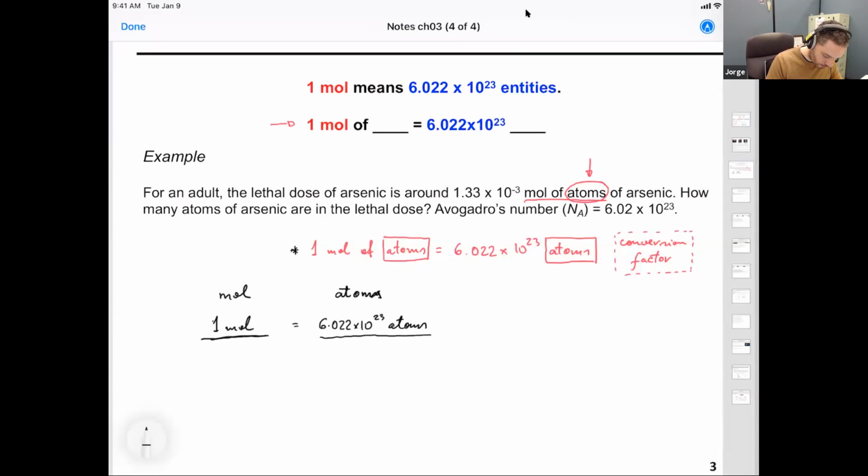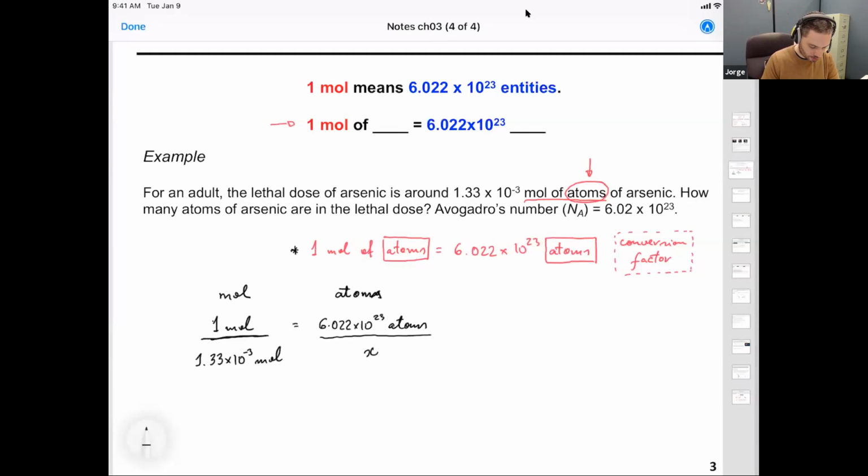We know that we have 1.33 times 10 to the minus 3 mole from the question, and the question is asking us to find the amount of atoms in 1.33 times 10 to the minus 3 mole.